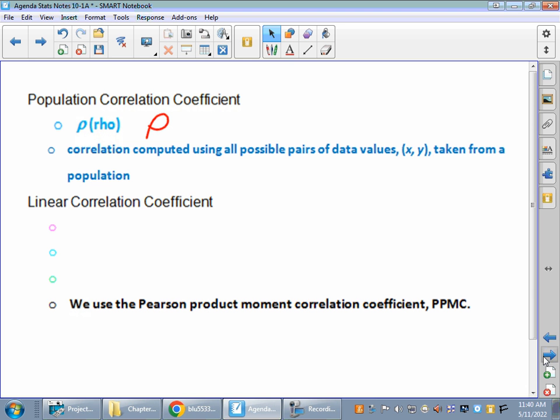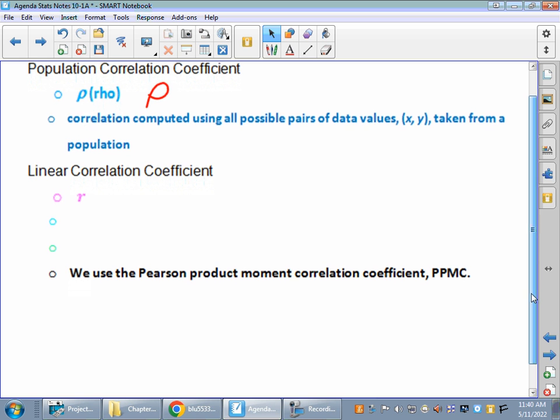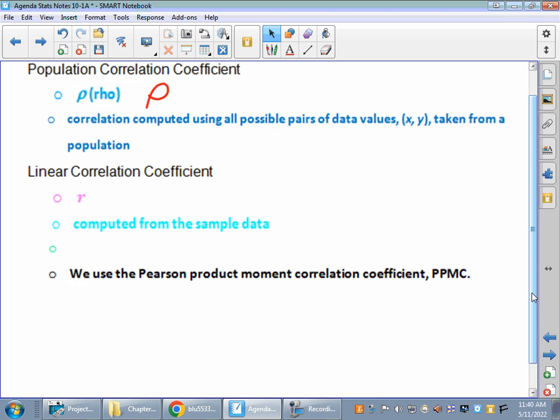So we're going to go with the linear correlation coefficient, which is just a nice R. So rho and R. Rho is to R as mu is to x bar. So R is computed from our sample data. And yes, we will have ourselves a nice formula to compute that.